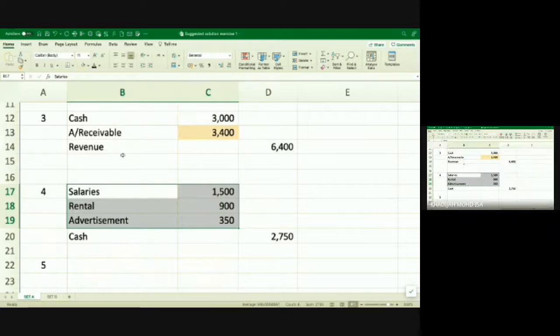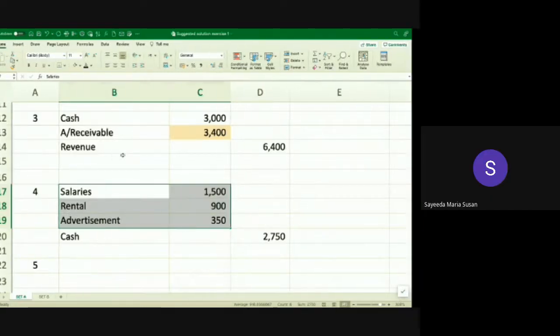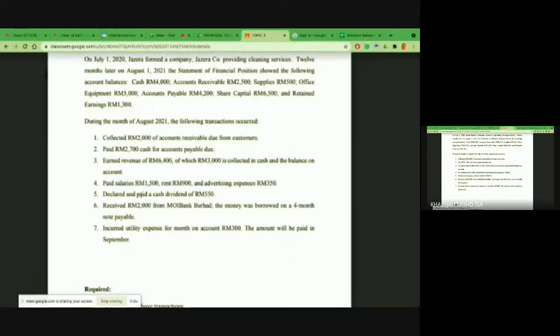All right. Okay, now you have the dividend. You declare and you pay dividend of 550. So what happens is that dividend is taken out from your retained earnings. You can have a dividend that you only declare but pay later. In that case, you are going to have a dividend payable.